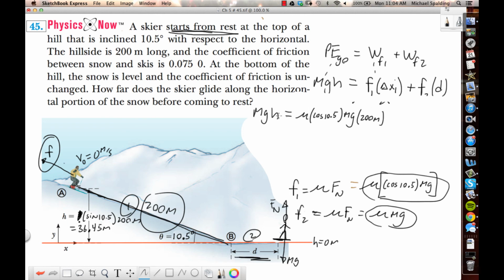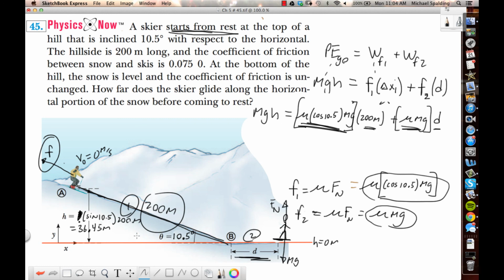All right, so that's mgh equals this. Okay, plus, what's friction 2? Friction 2 is going to be mu mg times d. So that's force, right? In both of these cases, it's force times distance. Here's the force, there's the displacement. Force times displacement. Now look what cancels here.